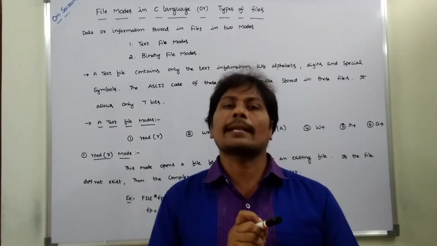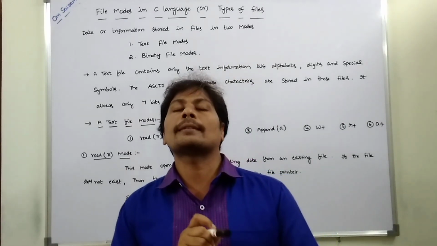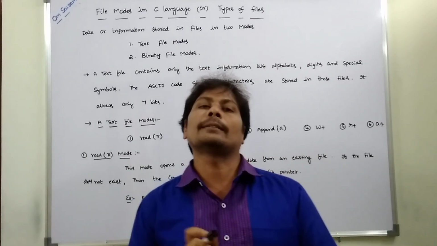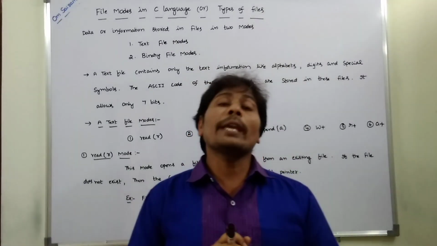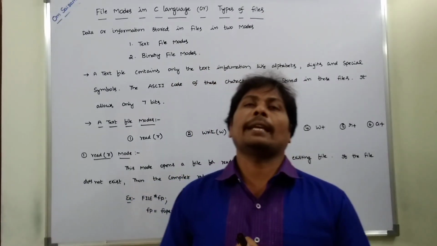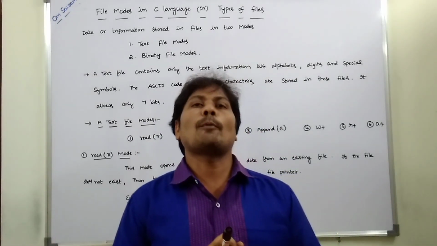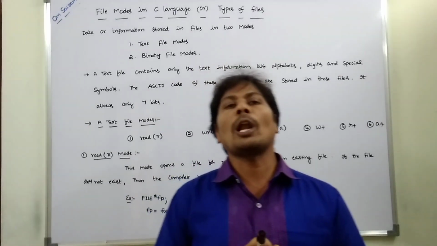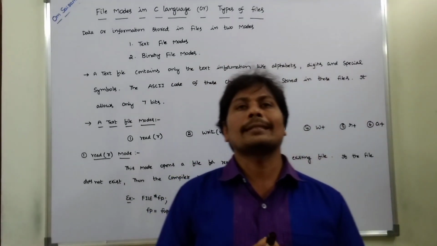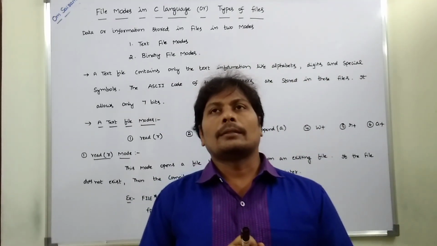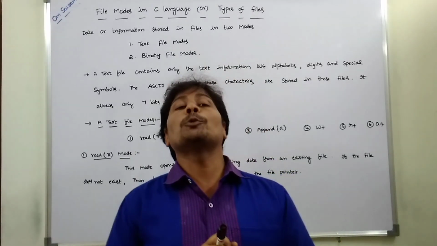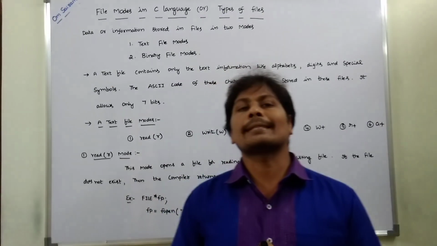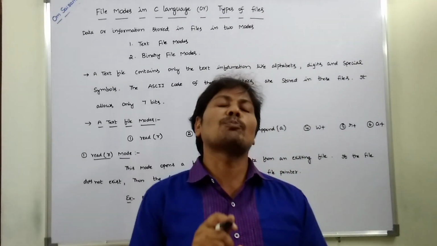Capital A is 65, capital B is 66, up to capital Z. Next, lowercase alphabets: small a ASCII value is 97, small b ASCII value is 98, up to small z.